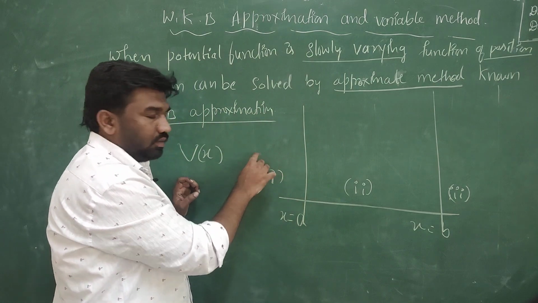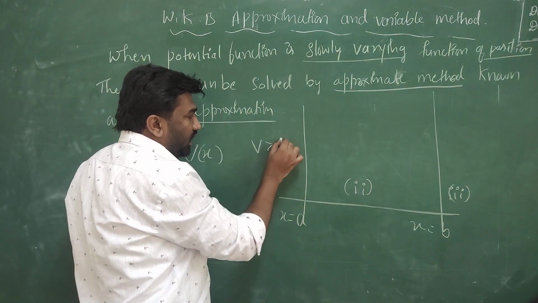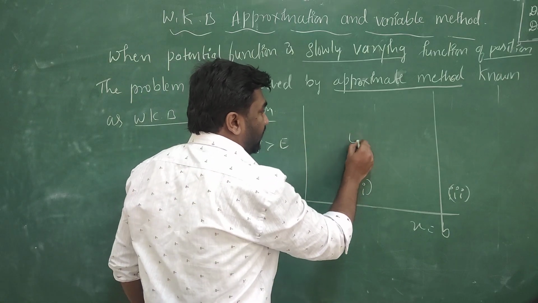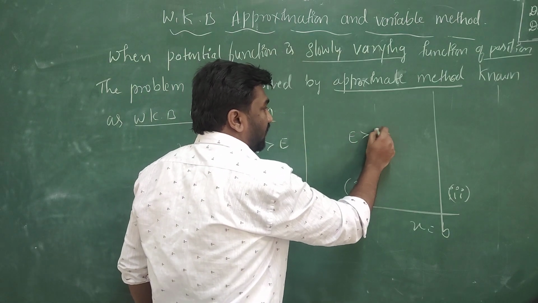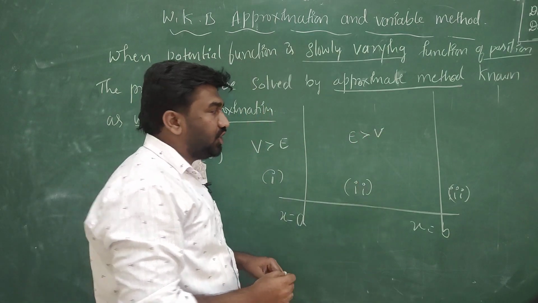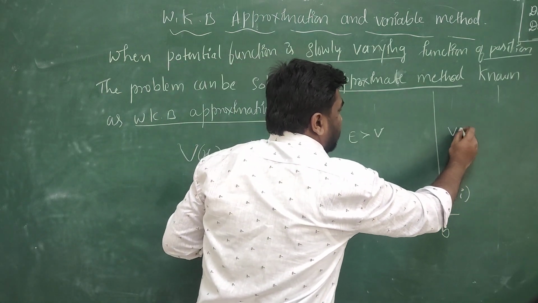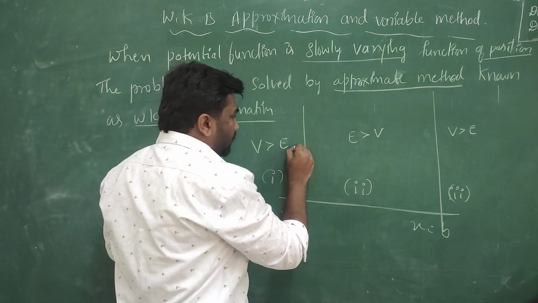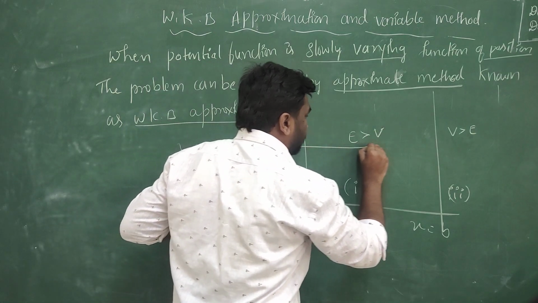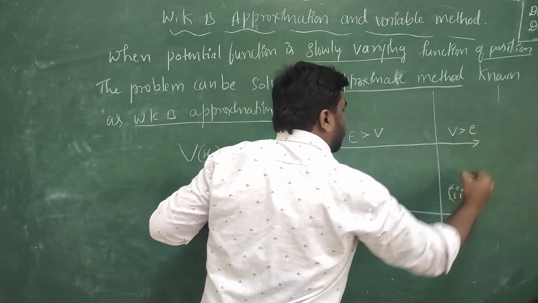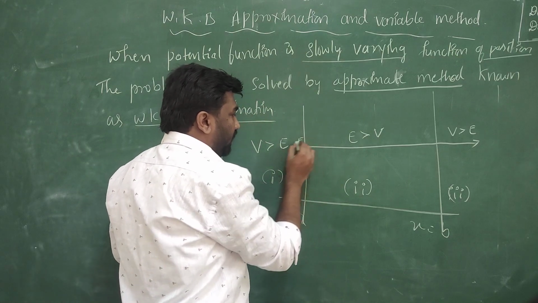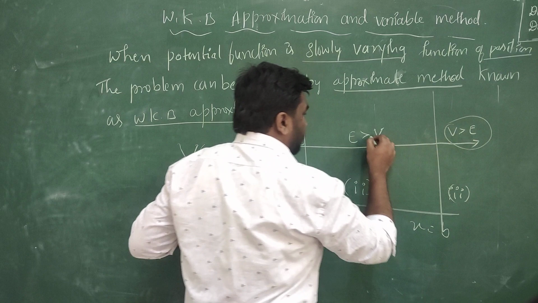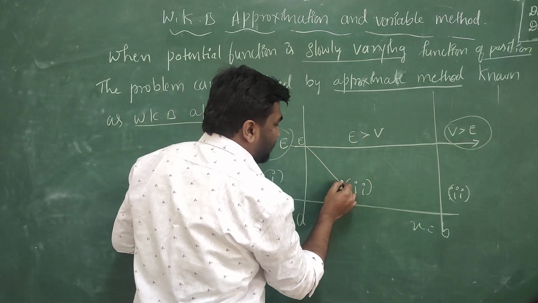In region 1, the potential energy of the particle is greater than E; in region 2, the total energy of the particle is greater than the potential energy; and in region 3, again the potential energy is greater than E. So if this is energy E, here V is greater than E, here also V is greater than E, and here E is greater than V.